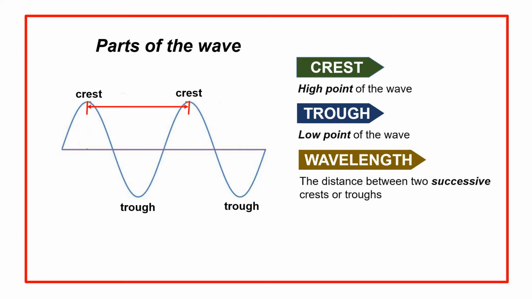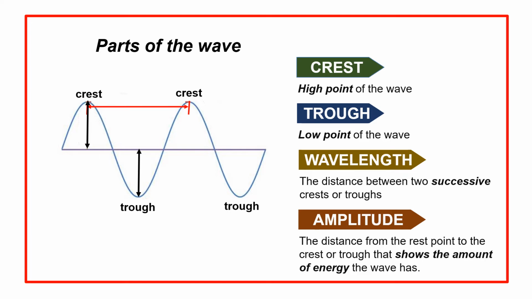The next distance we have is the distance between the rest point and the crest, and the rest point and the trough. And these distances, we call them amplitude. The amplitude is the distance from the rest point to the crest or trough that shows the amount of energy the wave has.